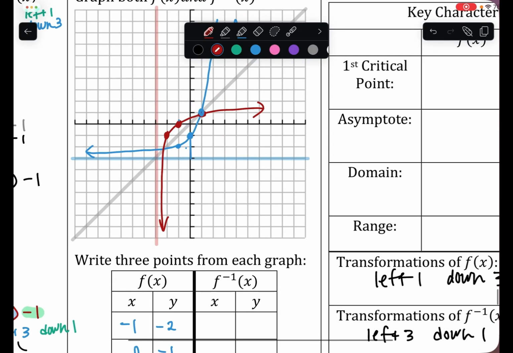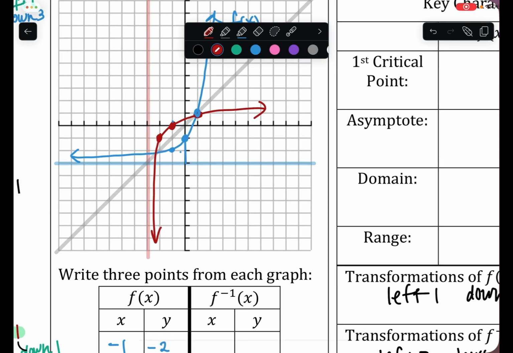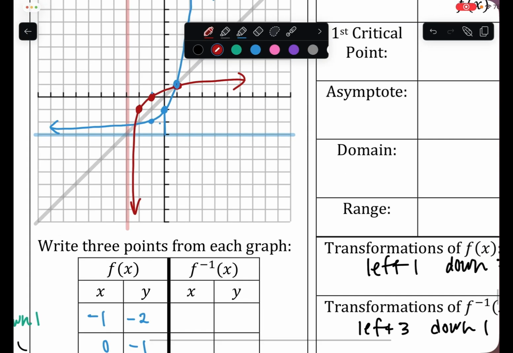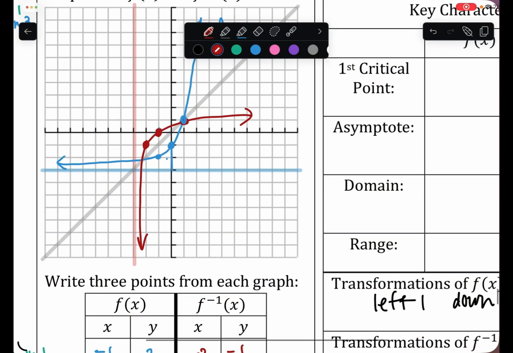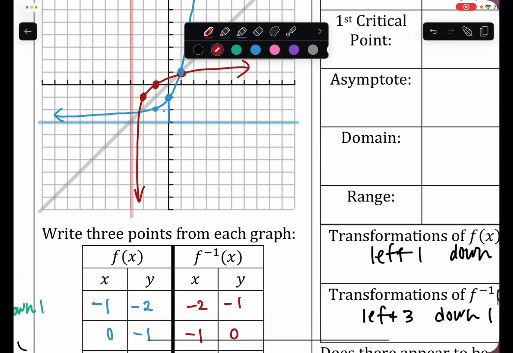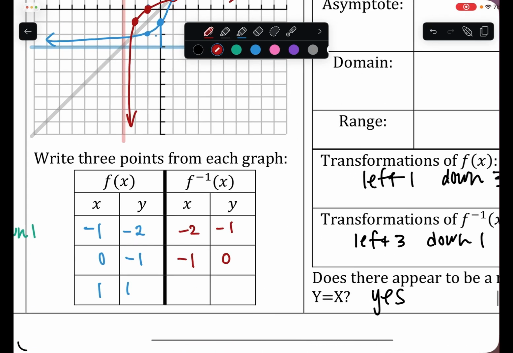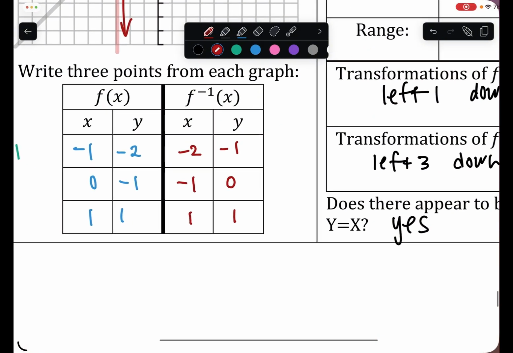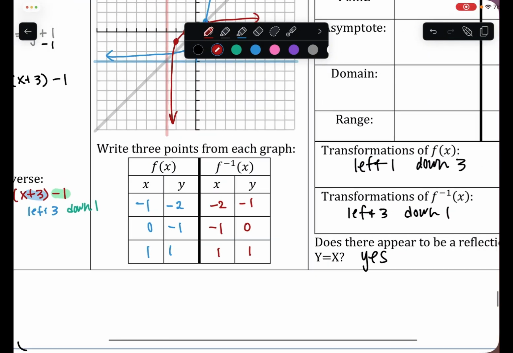Looking at the red graph, my log graph, I have -2, -1, right here, -2, -1. And then I have the point -1, 0, and then 1, 1. And so again, you can see that the points are just switched, x and y are switched.